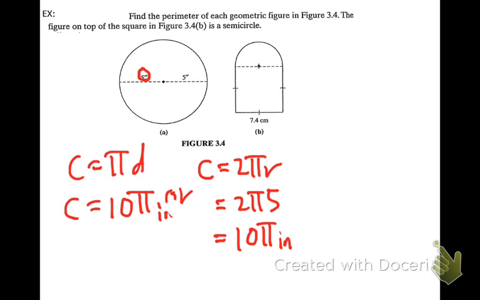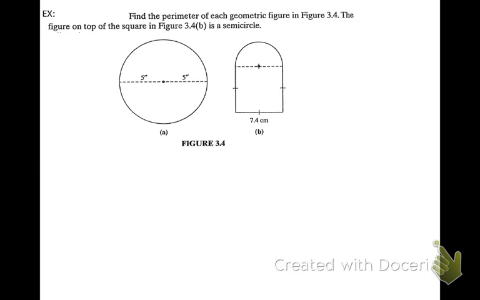Let's do the perimeter of the other figure. What could we use as a general formula for the perimeter of this shape? Perimeter is going to equal what?